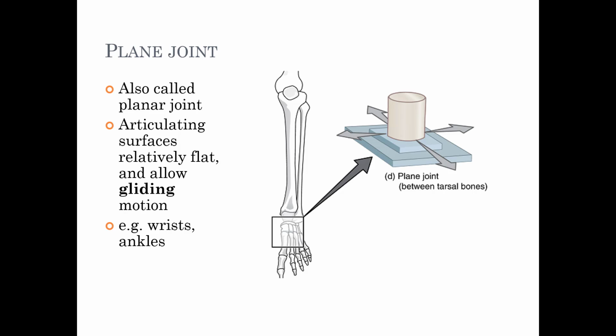So plane joints, also called a planar joint, the articulating surfaces are flat, and this allows, of course, for the gliding movement. Okay, so that's for that side-to-side joints. Wrists and ankles have plane joints in them between the short bones of the wrists and the ankles, the tarsals and the carpals.